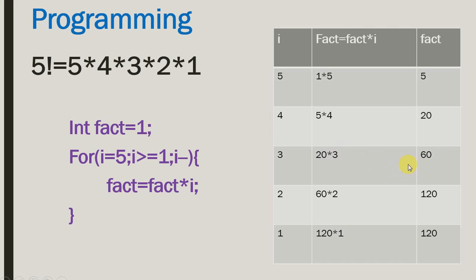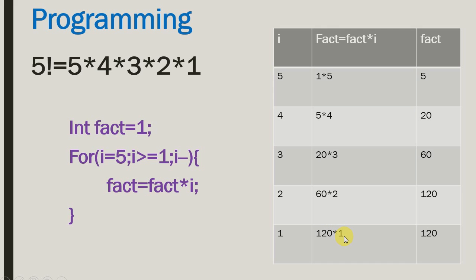And after this, at fourth iteration, this value is used again. So 60 multiplied by I, which is 2, will be 120. And at last iteration, 120 is multiplied by I. Here I will become 1. So our final value is 120.